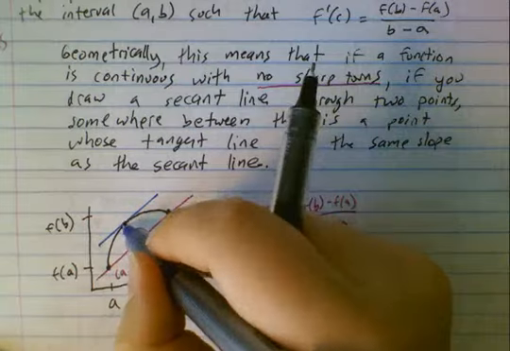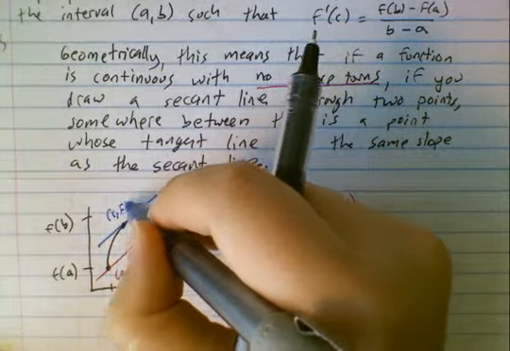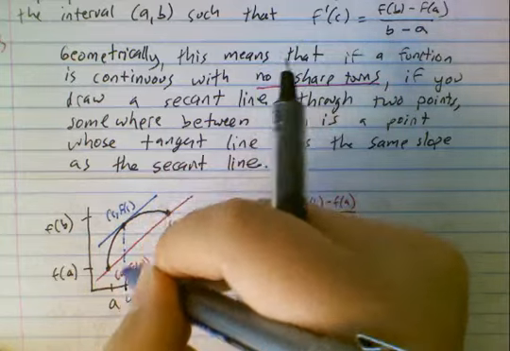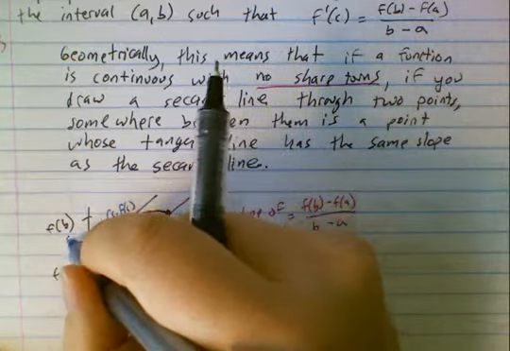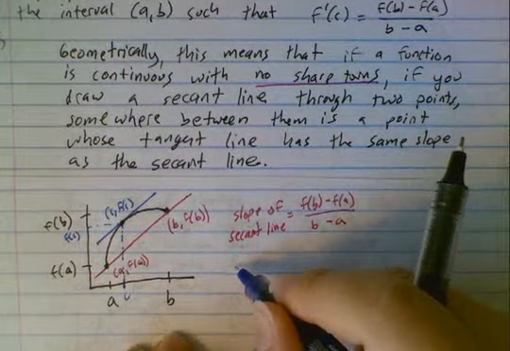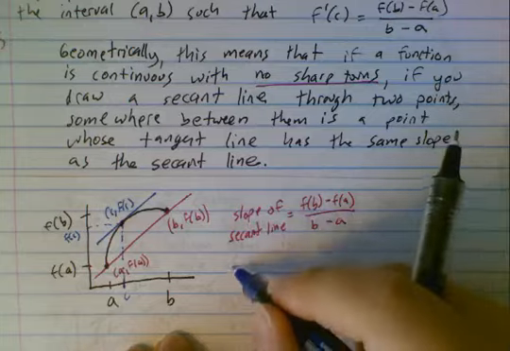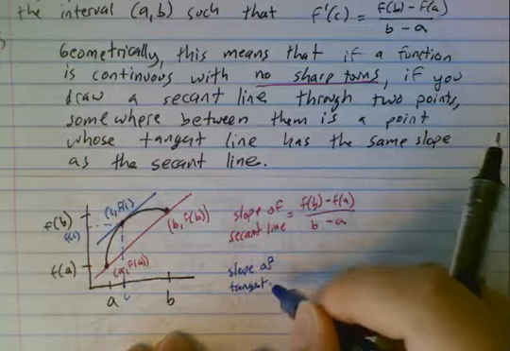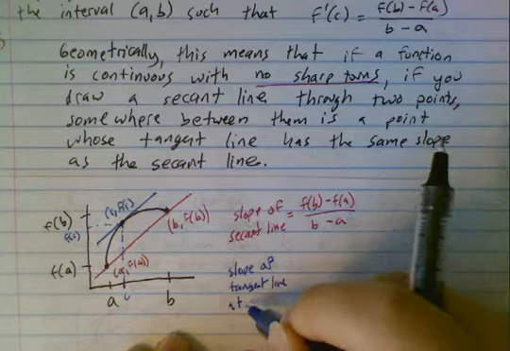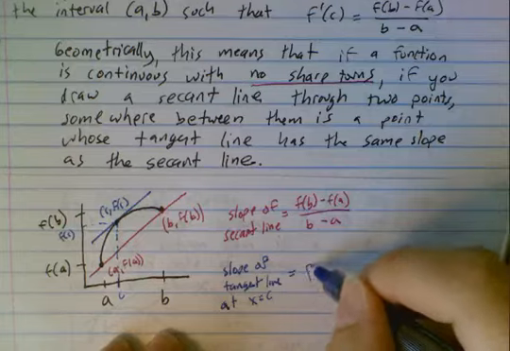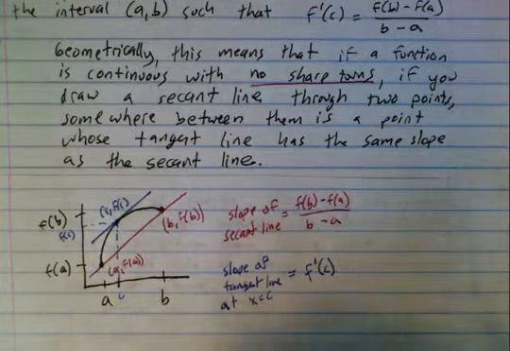So let's say this is the point C, f of C. We know that the slope of the tangent line at x equals c is f prime of c.